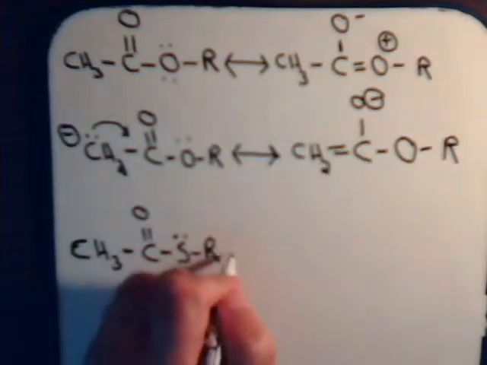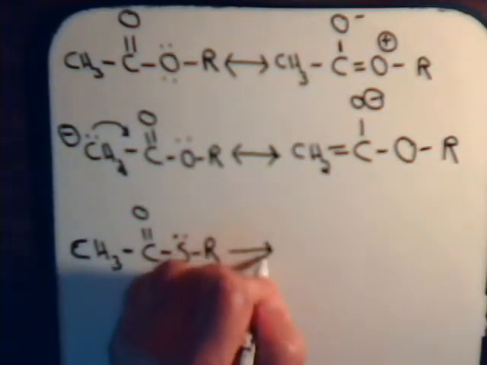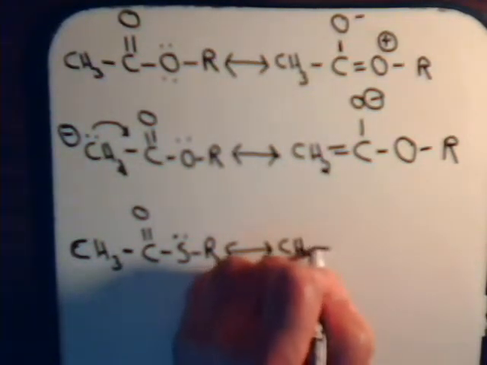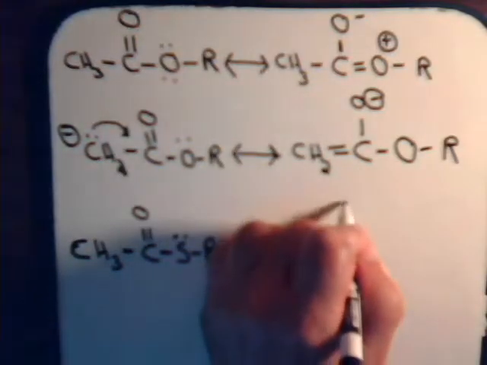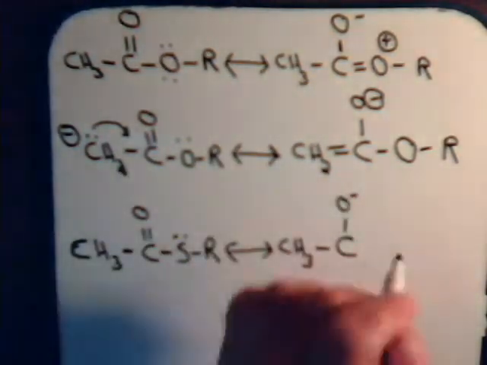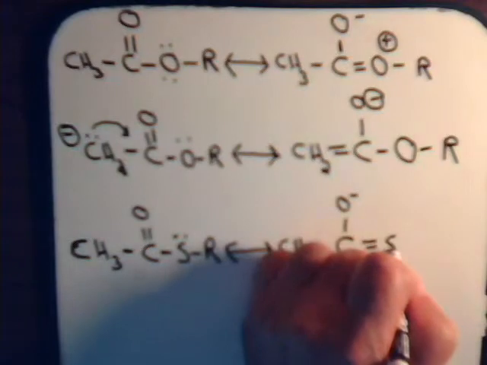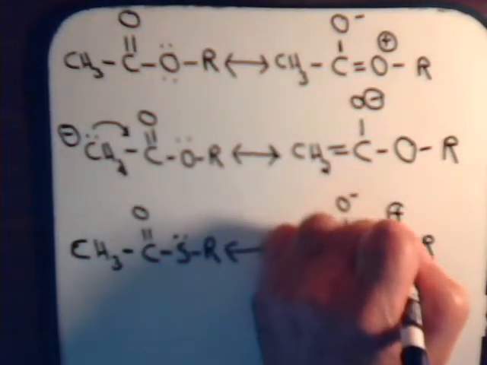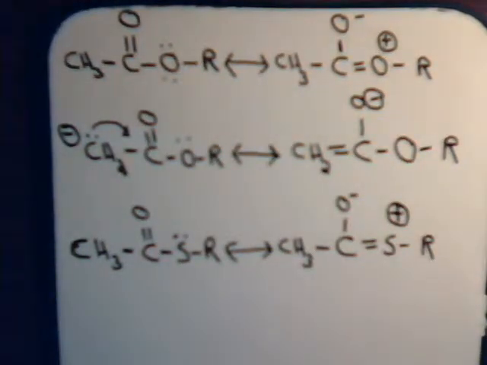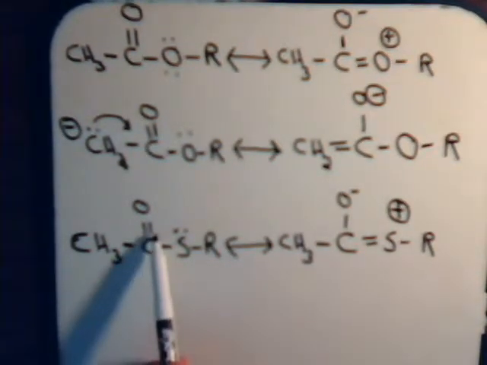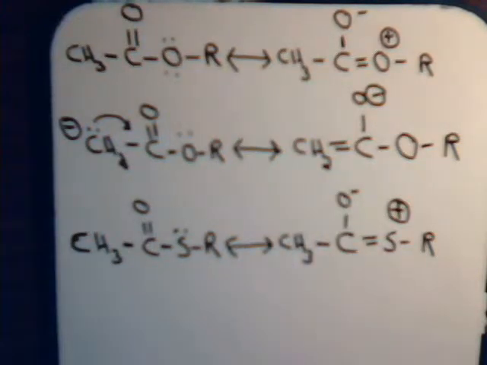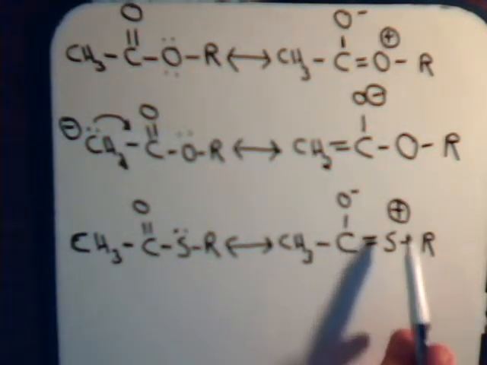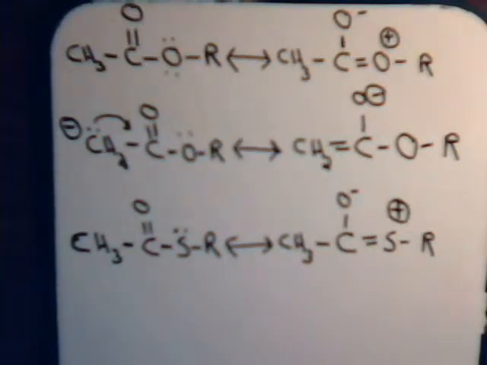And again, the same kind of resonance situation. Like this, the oxygen keeps both pair of pi electrons, has a negative charge. This lone pair comes in to form the double bond, leaving the sulfur with a positive charge.